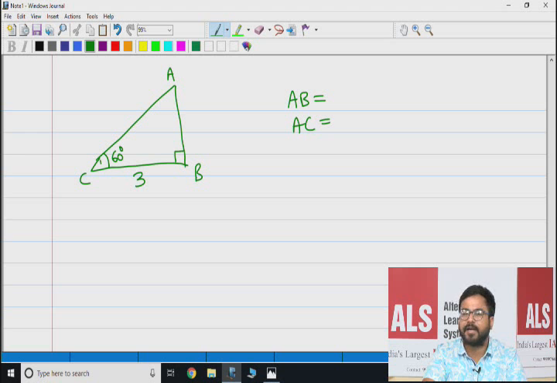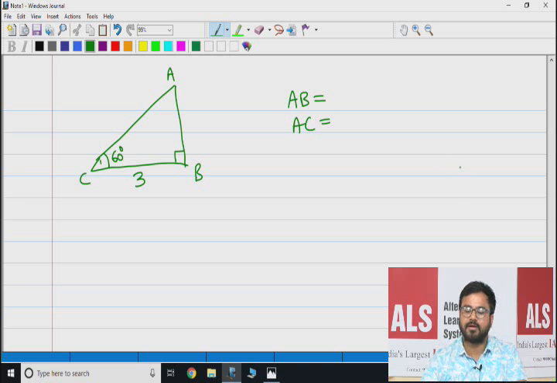See, it's an easy one. You don't have to do anything. Just remember that theta is 60 degrees, so base is given, which is 3, right?